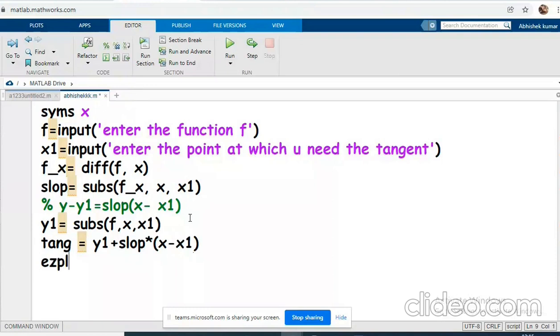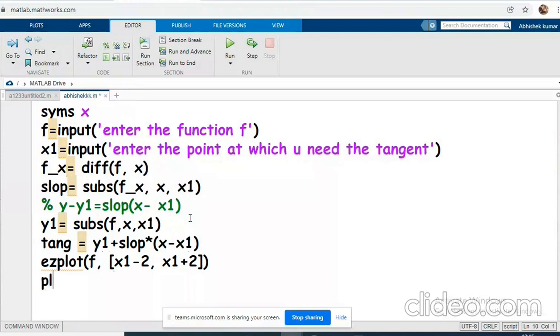So I have ezplot f comma domain x1 minus 2 comma x1 plus 2. What is the advantage of this? We are extending the domain around the point x1, so it will draw the curve in which your x1 point will be there.